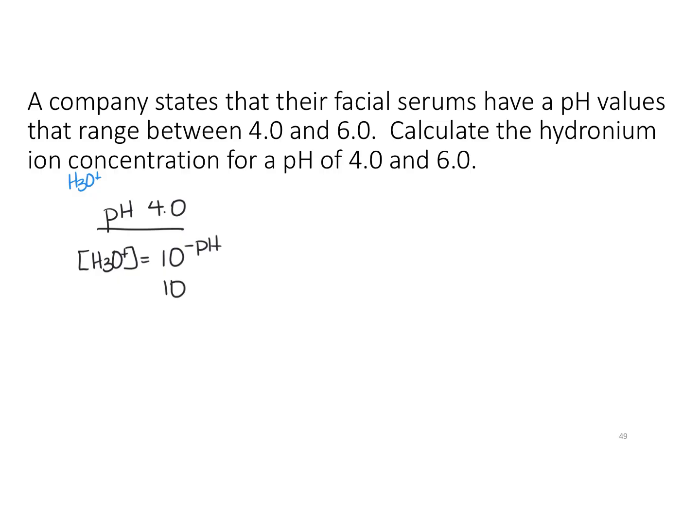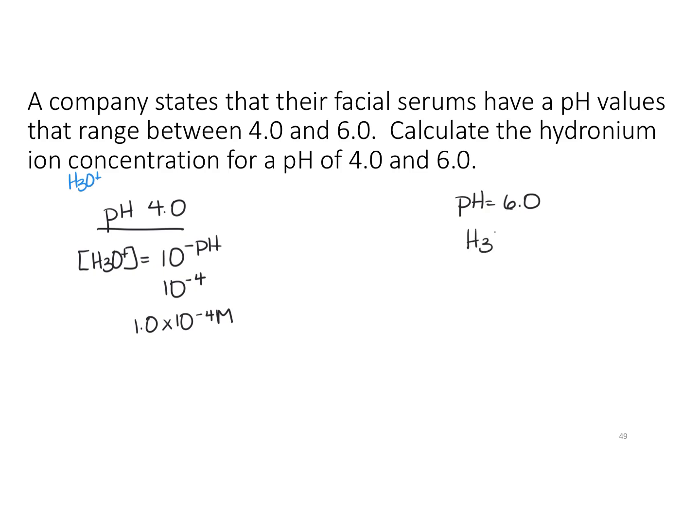So that would be 10 raised to the negative 4, and that's the anti-log, right? And so when you do this, you get 1 times 10 to the negative 4 molar, okay? It's important to notice that pH does not have a unit, but the concentration does. That concentration is molarity.